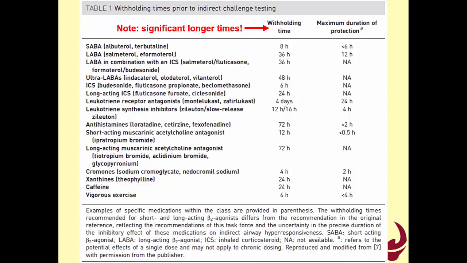It is 8 hours to make sure that you don't have those effects. And you can see some of these, 4 days, if you look at Montelukast and things like that, which many of the patients are receiving. So if you're looking at the diagnostic things, then these are the things that one needs to just consider.